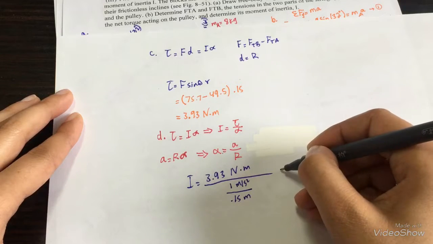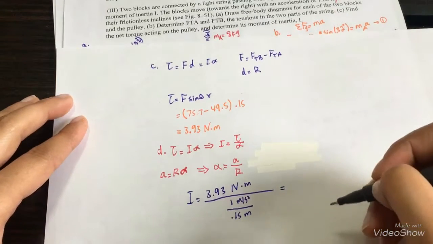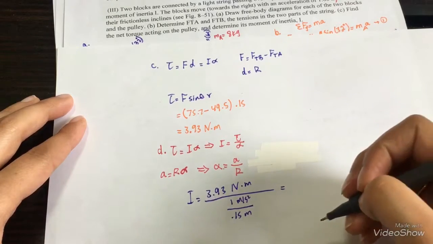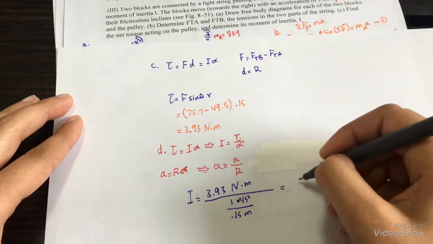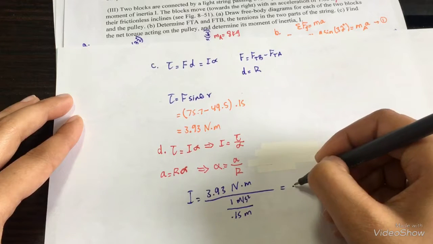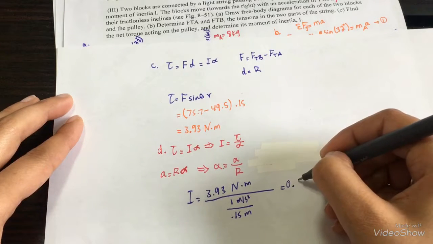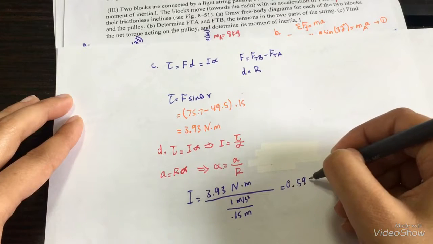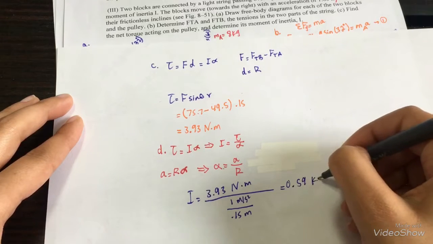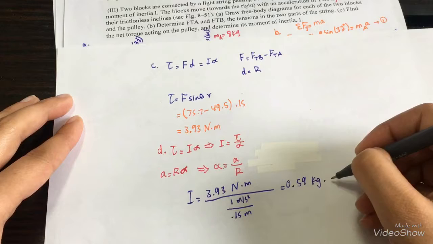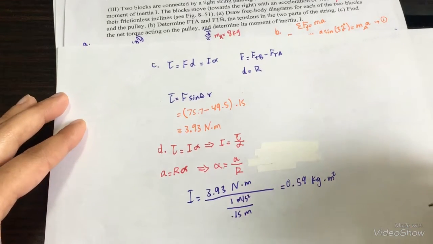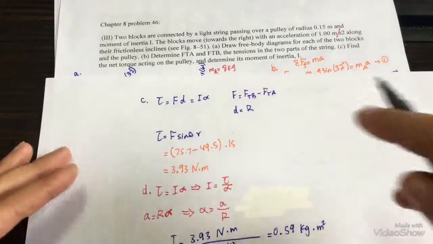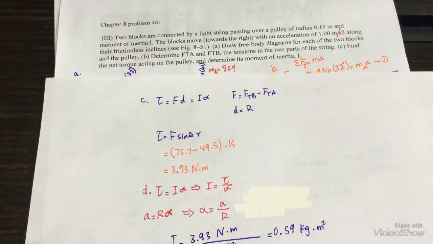We need to be careful with the units and the numbers when we plug it into our calculator. So the final answer is 0.59 kilogram times meter squared. So this is the final answer for problem 46 for the inertia.